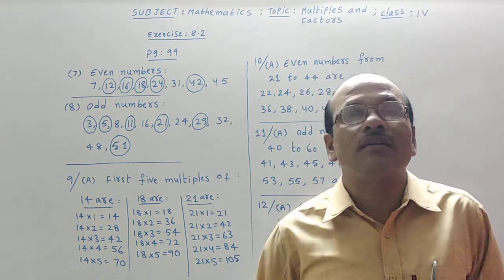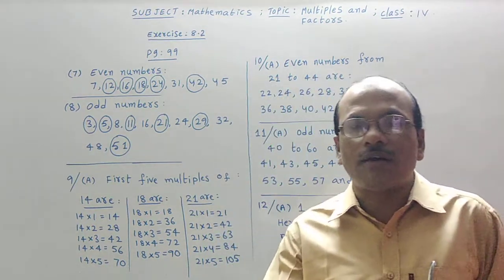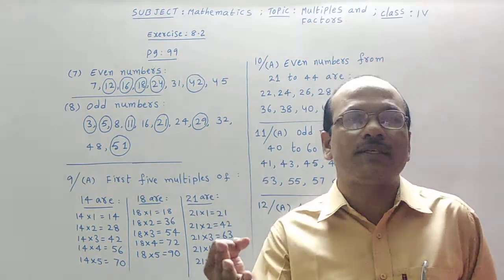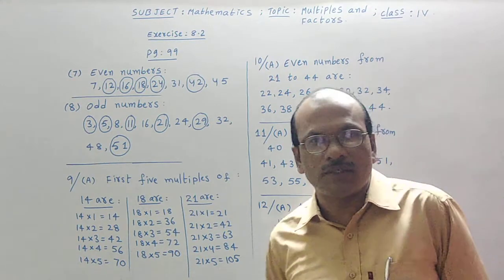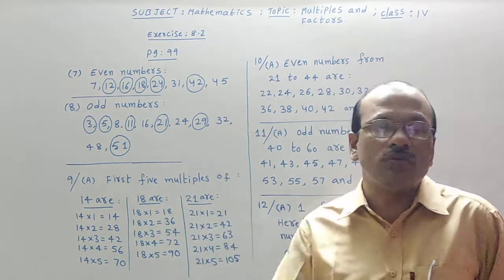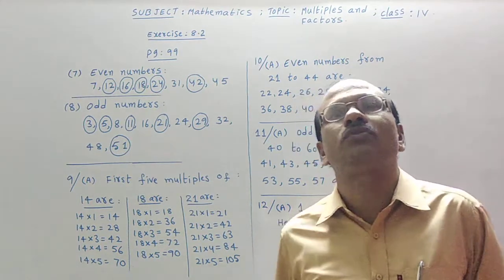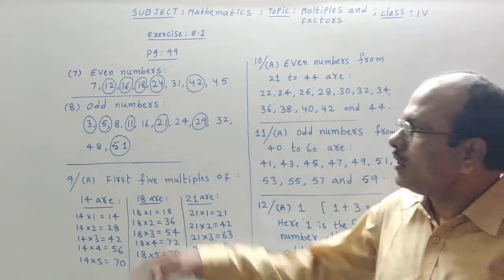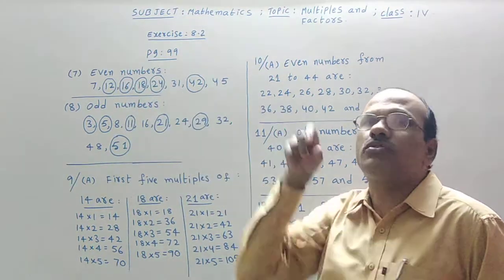Same way 13, 13 is not a multiple of 2. So all these, 7, 9, 13, are said to be odd numbers. Numbers which are multiples of 2 are even numbers, and numbers which are not multiples of 2 are odd numbers.